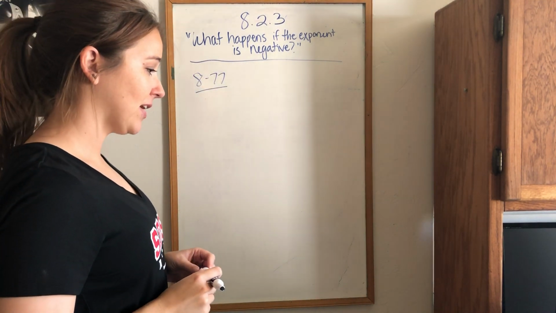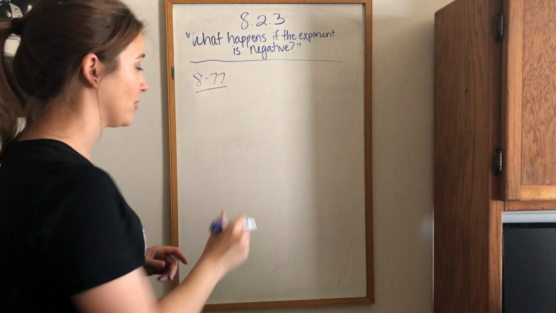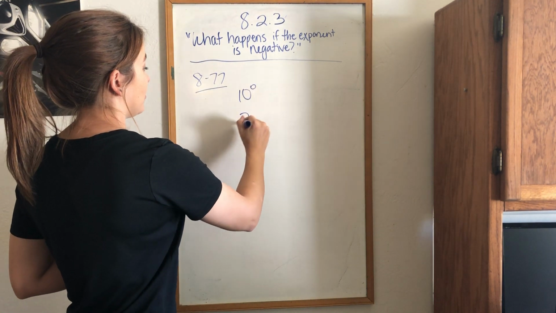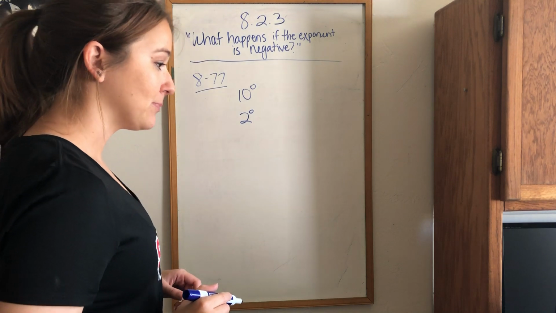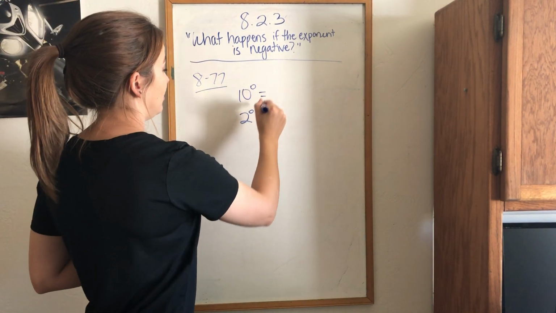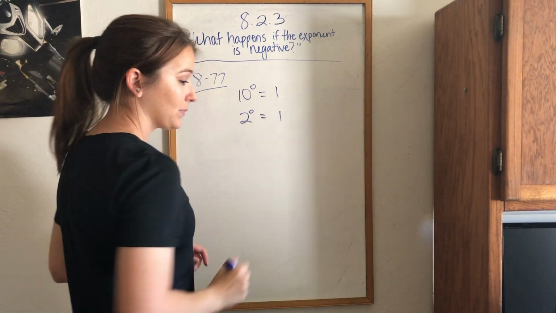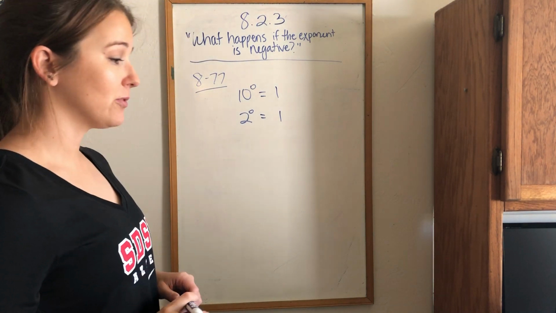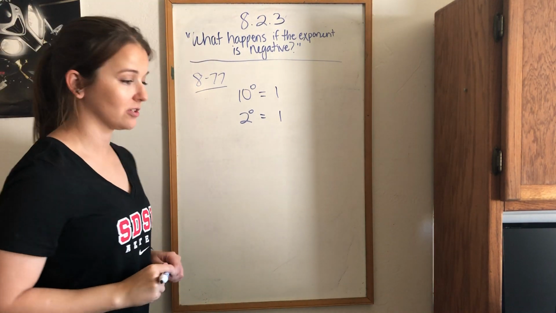In problem 875 and 876, you saw that 10 to the 0 and 2 to the 0 power both simplified to the same value. What is it? It was 1. They were both 1. Do you think any number to the 0 power would have the same answer?